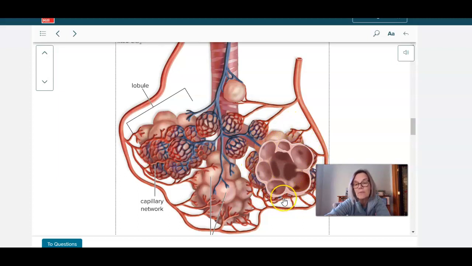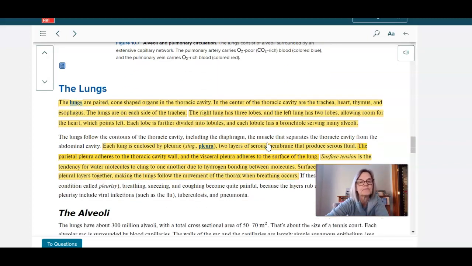Now these are microscopic. They make the lungs look like a very spongy material. And when the air is pulled into here, the oxygen diffuses into the blood and CO2 diffuses out of the blood. So we can exhale the carbon dioxide and we can bring the oxygen-containing blood to the rest of the cells in the body.